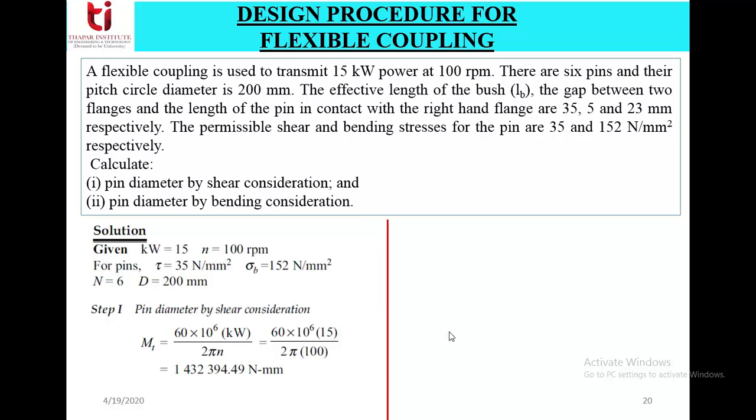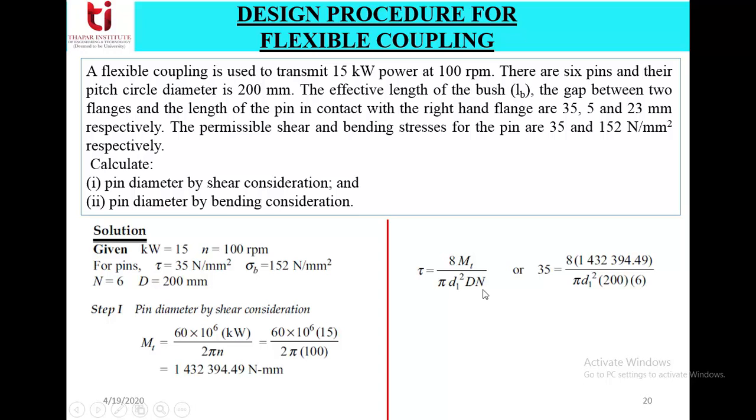So further, according to shear stress consideration, tau is equal to 8 Mt by pi d1 square D N, where d1 is the diameter of the pin which we have to evaluate. Tau is the permissible limit which is given to us as 35 megapascal. Mt we have already evaluated.